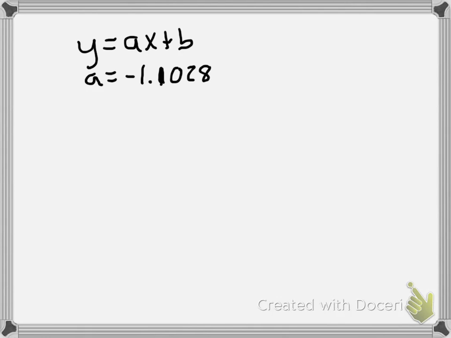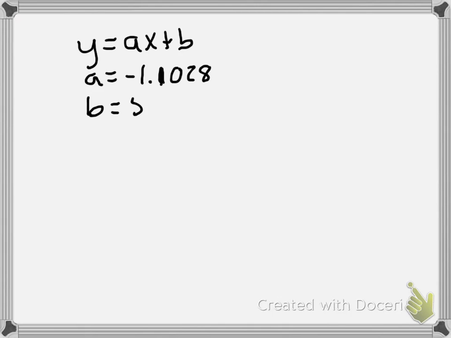Alright, so from my calculator screen, what I end up seeing is y equals ax plus b. I see that my a value is 1.28. It actually goes a little farther than that, but I'll cut it off.